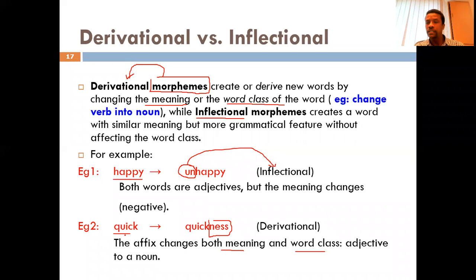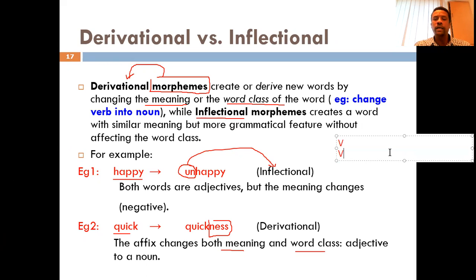This is the distinction between derivational and inflectional morpheme. So if it is derivational, it would alter or change the meaning and the word class. If it is inflectional, it would only change the meaning. It doesn't change the part of speech. So for example, if a morpheme is inflectional, then if it was initially a verb, it keeps on being a verb all the way through.